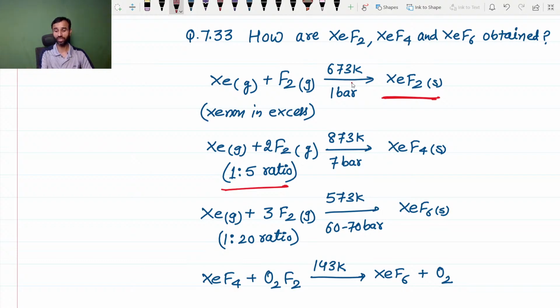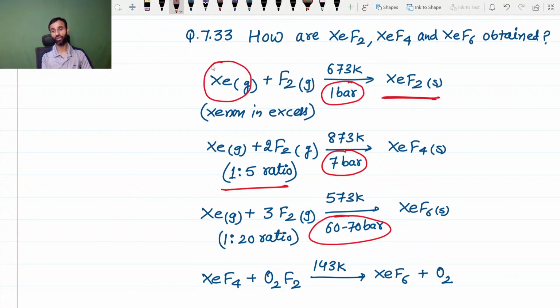See, pressure is increasing: in XeF2 it is 1 bar, while forming XeF4 it is 7 bar, and while forming XeF6 it is 60 to 70 bar. And the ratio is also increasing. Initially xenon is in excess, then we get XeF2. If fluorine is more than xenon in a 1:5 ratio, then we get XeF4, and if it is in the ratio of 1:20, we get XeF6, right?